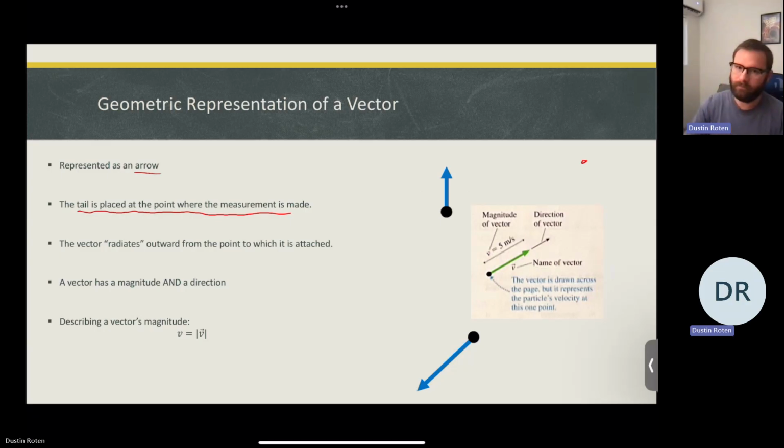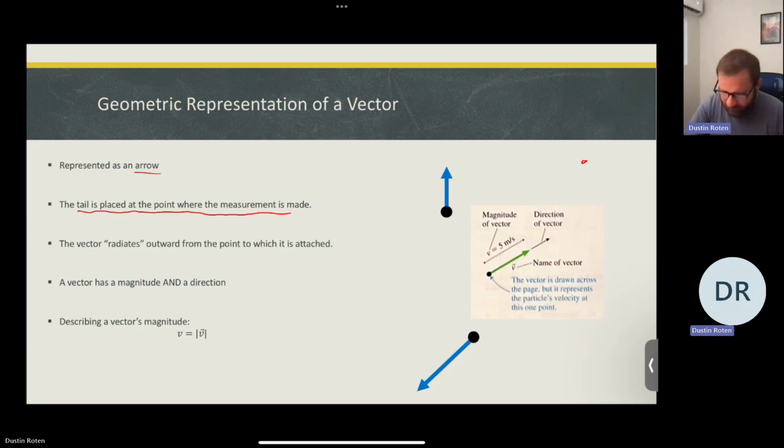And it doesn't mean that that's the direction that the object is moving. We'll see shortly that you can have acceleration vectors that don't even point in the direction of the motion. Usually it's just position, your displacement vector, and your velocity. Those point in the direction of motion, but if this was a charged particle, your electric field might point in a completely different direction than the motion of the charged particle.